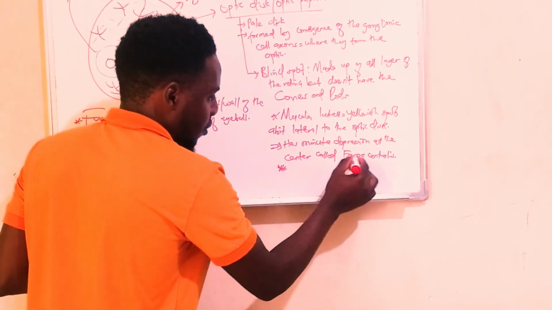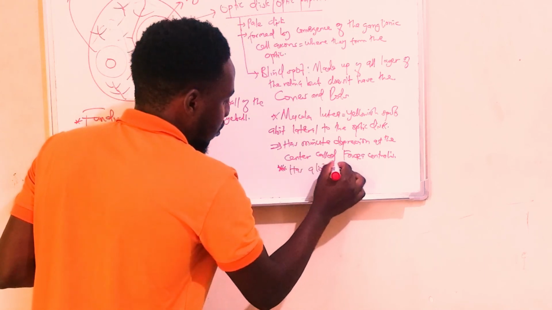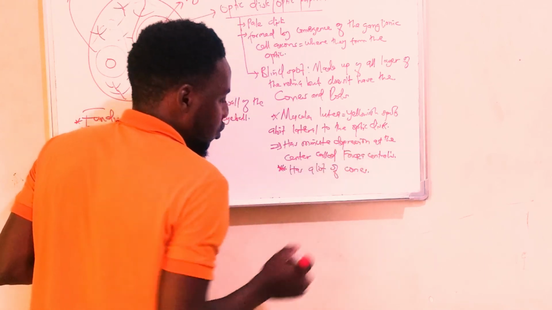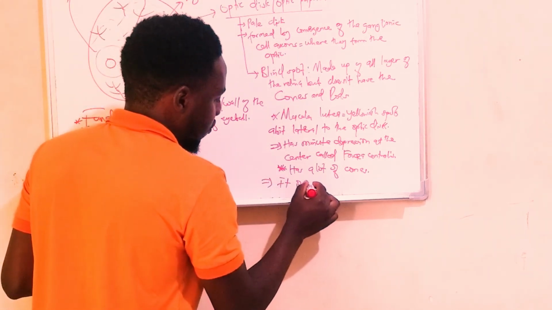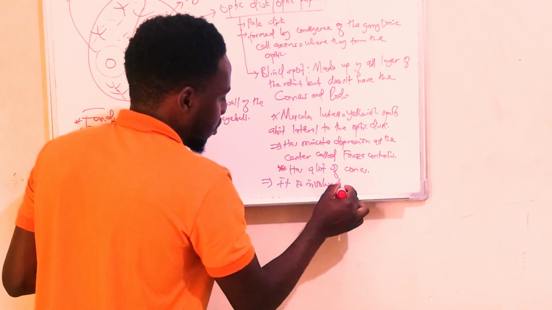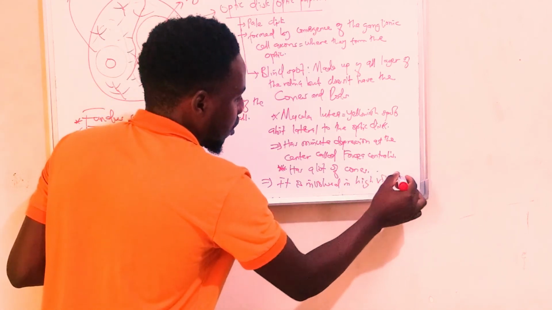This part here, the fovea centralis, has a lot of cones. Due to this, it is involved in high visual acuity.